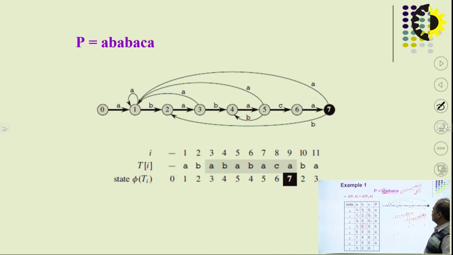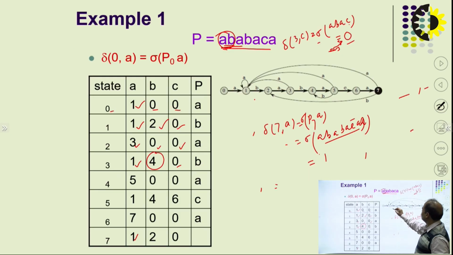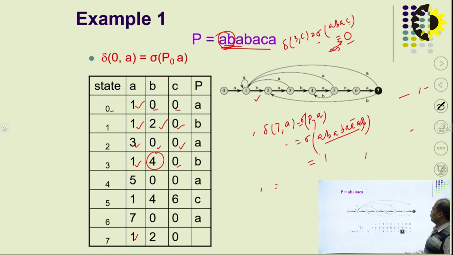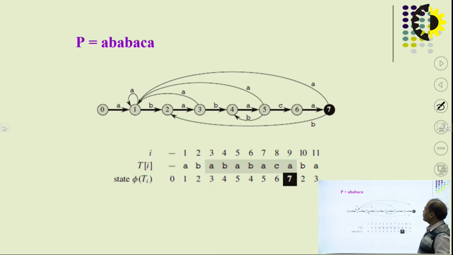Okay, having done with this finite automata, now the question is how we are going to match the pattern inside a particular text. From this transition table we can design a particular finite automata. So this is the pattern, and this is given as the text.